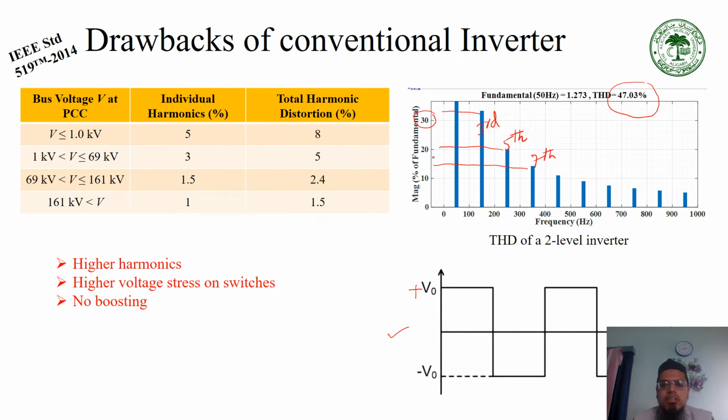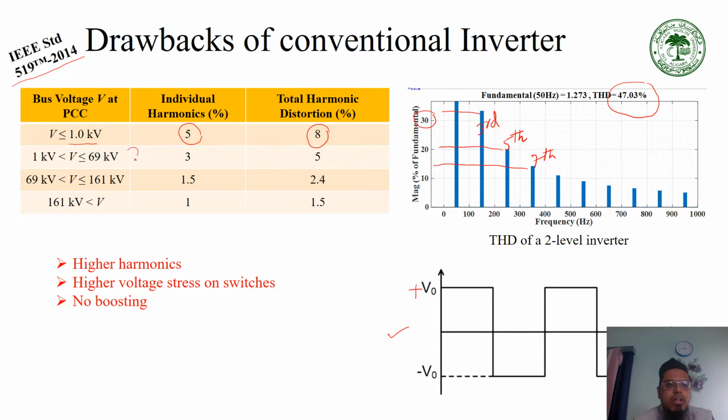So this is much more than the restrictions that have been put in place by the IEEE 519 standard, which says that if the voltage level is less than 1 kilovolt, then the individual harmonics should be less than 5%, and the total harmonic distortion should be less than 8%.